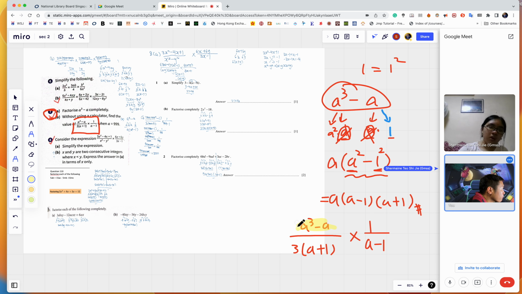The a bracket a minus 1. This format, right? Yeah. Okay, good. So I just use the eraser here, delete this and then replace it with here. Okay, so it's a minus 1, a plus 1.